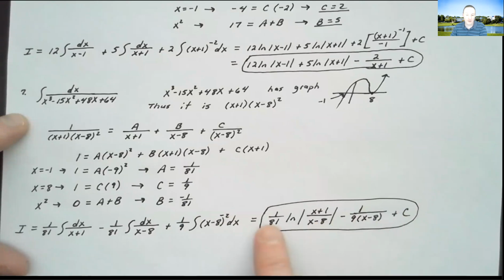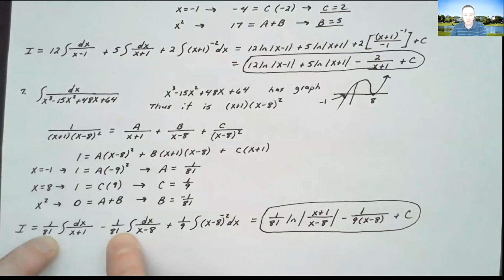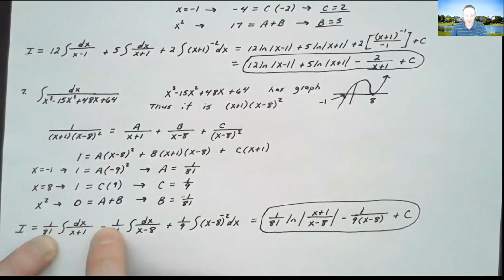I also kind of liked condensing these down. Since both of these had coefficients of 1 over 81, I went ahead and condensed them to one logarithm and said this would be 1 over 81 natural log of x plus 1. This is the same thing, except it's minus 1 over 81 natural log of the absolute value of x minus 8.